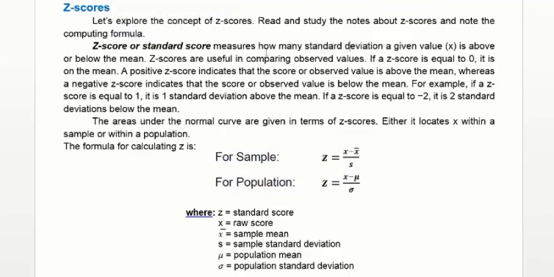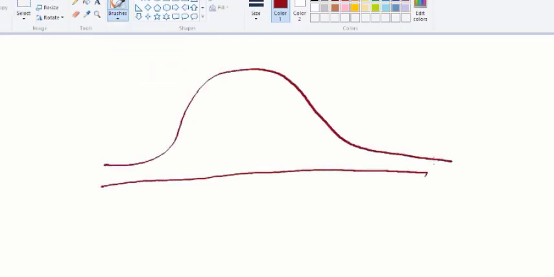It is the measure of how many standard deviations a given value x, whatever that x is, it might be a score, a height, age, mean, whatsoever, is above or below the mean. What it means is that, in the normal distribution, the center is the mean. That is why the mean is equal to 0 and the standard deviation is 1, right?